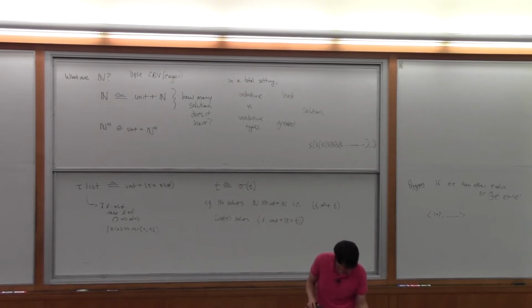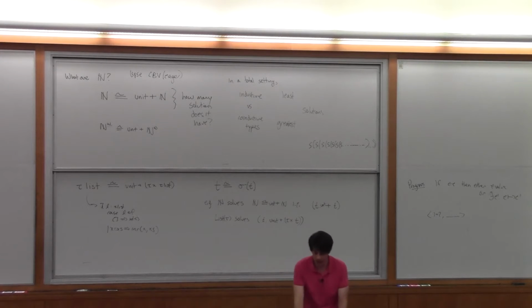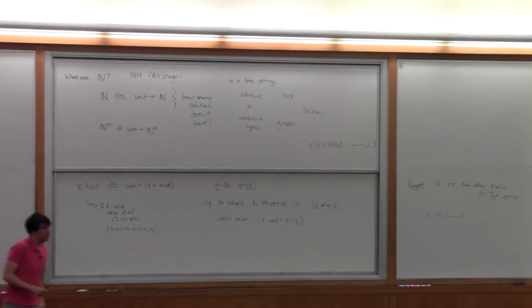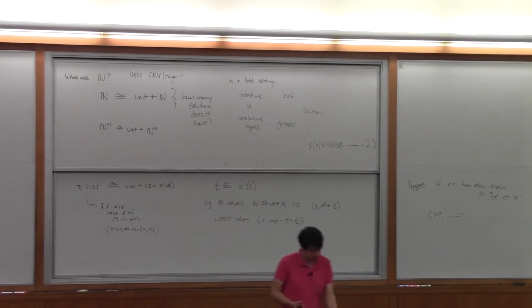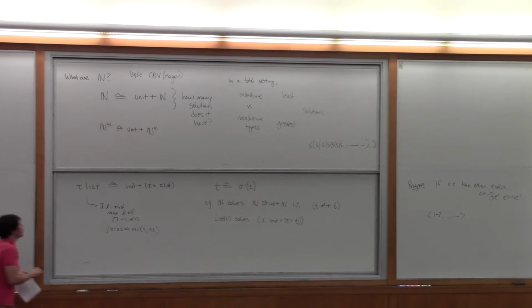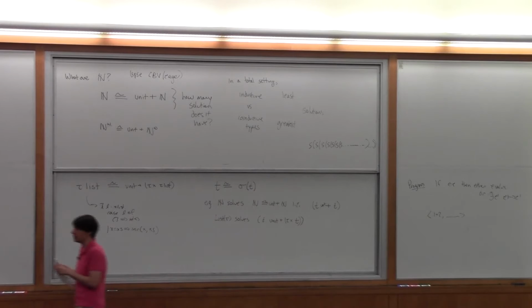Okay, so good. Where are we? All right, so what we're going to do is introduce a new way of making types, which is called recursive types. And the idea is that what we're adding to our language with recursive types is essentially a postulate that equations of this form have solutions. Okay?